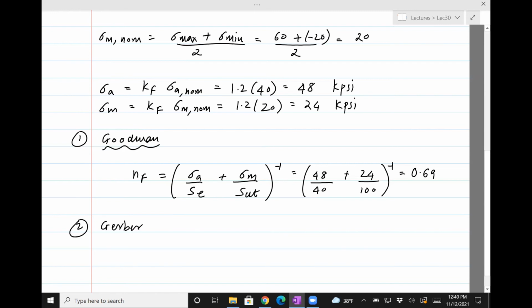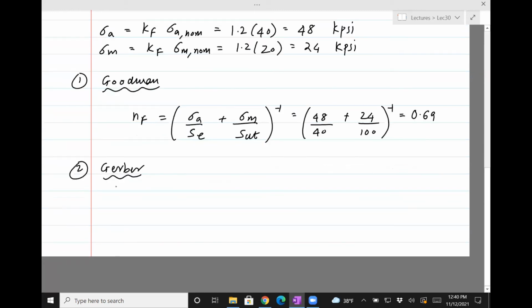The Gerber equation is stored on a new page.